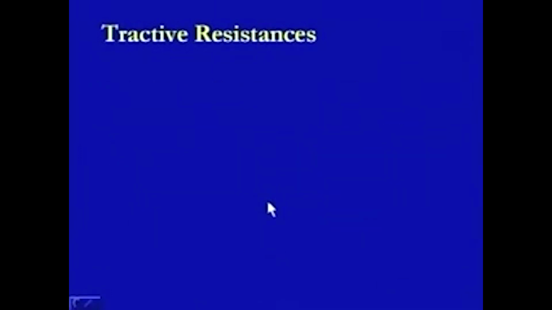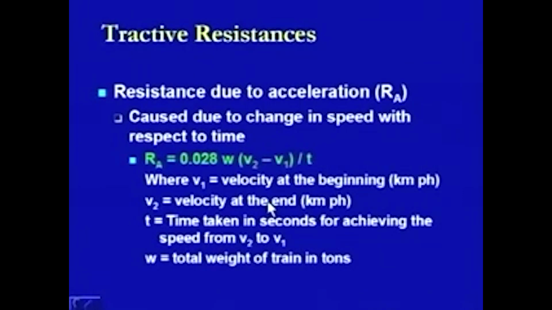This is related to the starting, that is, the inertial effects which will be there. In the case of the acceleration, it is with respect to the change in speed, that is, from V1 to V2 within a time frame t. In that case, this resistance is defined as 0.028 W into V2 minus V1 divided by t.